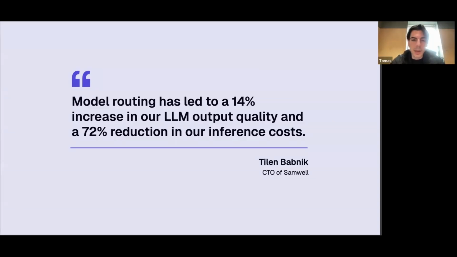Yeah. So this quote is one example of what we've been able to help our customers achieve: significant double-digit improvements across accuracy and cost. We have a chat app that's powered by NotDiamond, has tens of thousands of users, and it was starting to take off, and we just added in the cost trade-off.